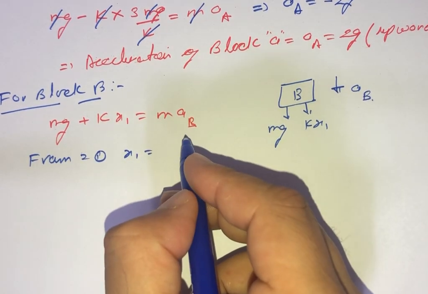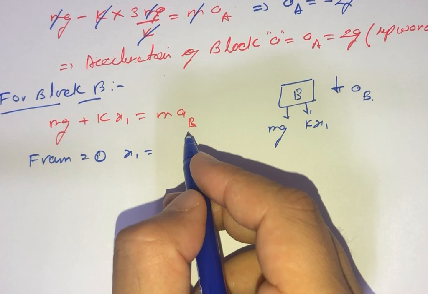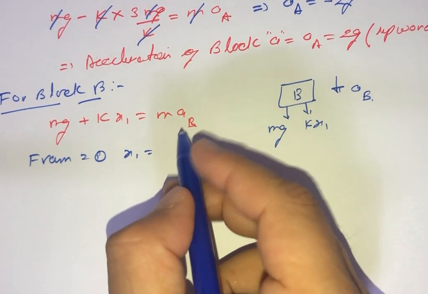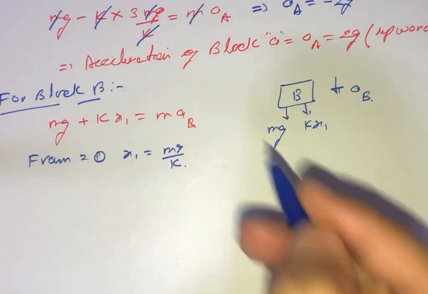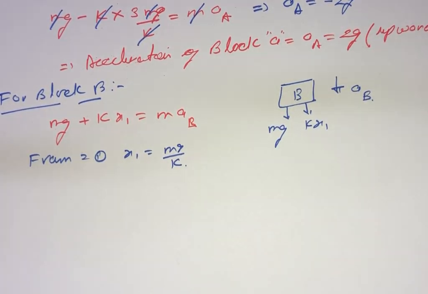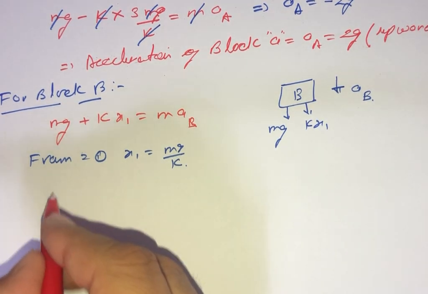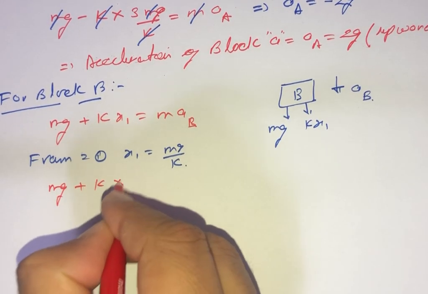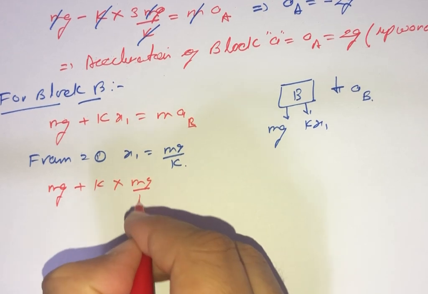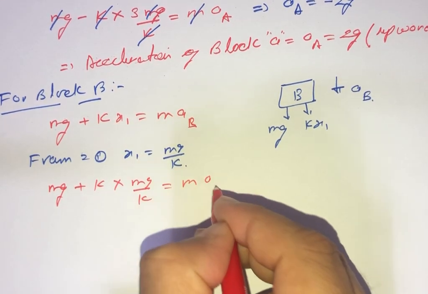We already know the value of x1, so from equation 1, x1 was equal to mg divided by k. So we put the value mg by k, and we can say mg plus k into mg by k is equal to maB.